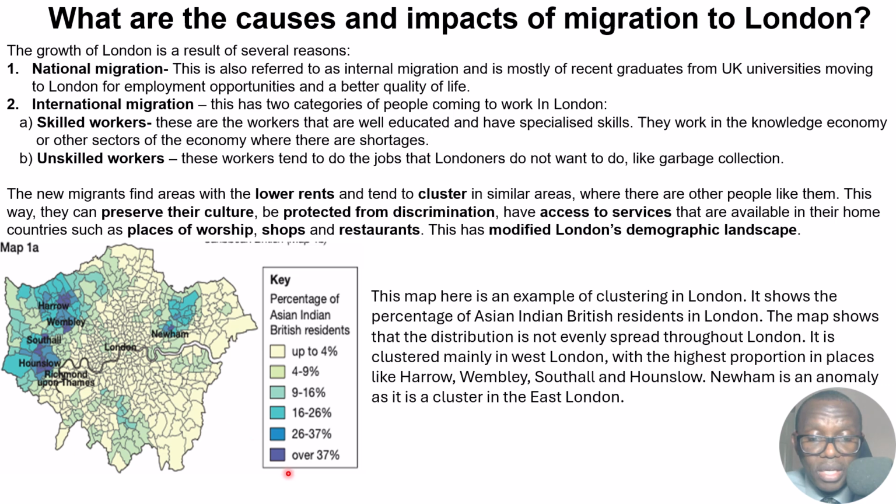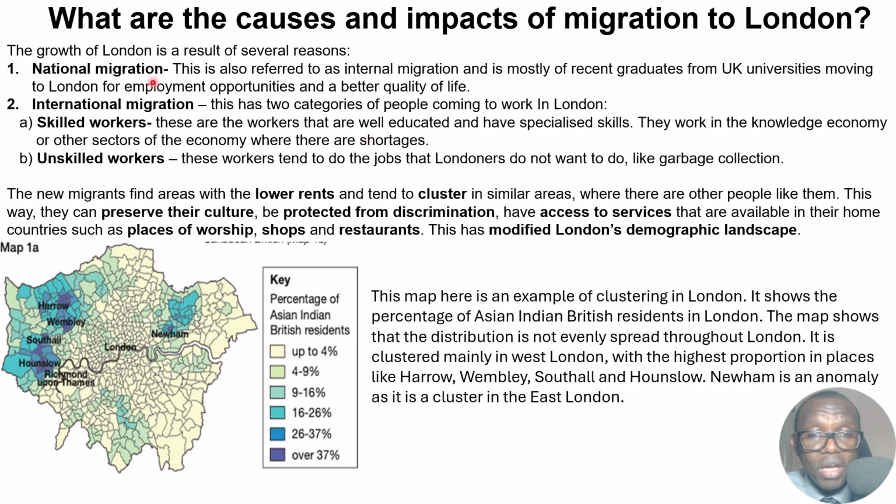You can see that the places that have over 37% of people being Asian, Indian, British residents are concentrated here in the western part of London. And then there's also an anomaly here where you have some in Newham, which is in the east of London. So this clustering has occurred in Harrow, Wembley, Southall, and Hounslow, and that is in the west of London.